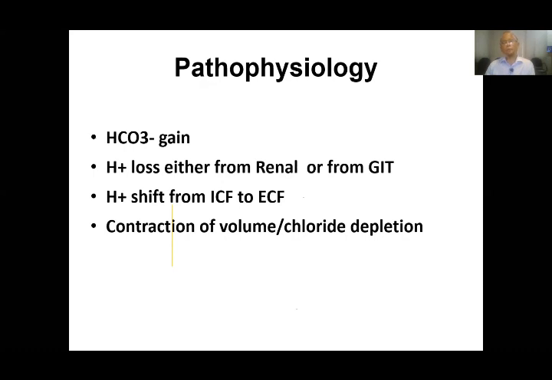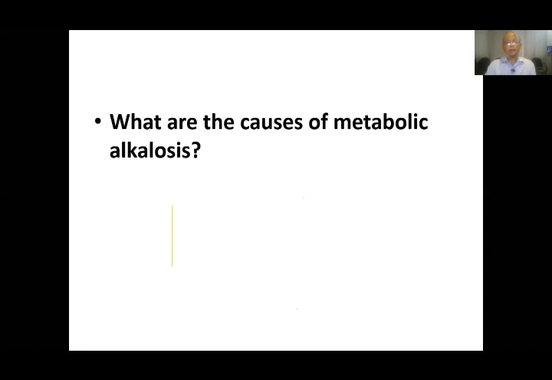Say, in case of profound vomiting, there will be loss of hydrogen ion, resulting in more dissociation of carbonic acid, and the bicarbonate level will be higher, so there will be metabolic alkalosis. So you have to consider the underlying cause.